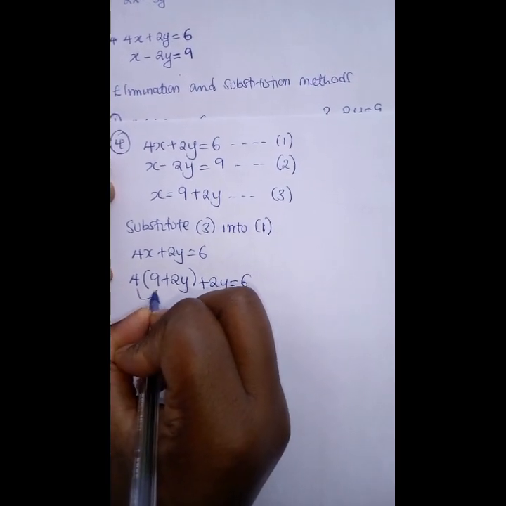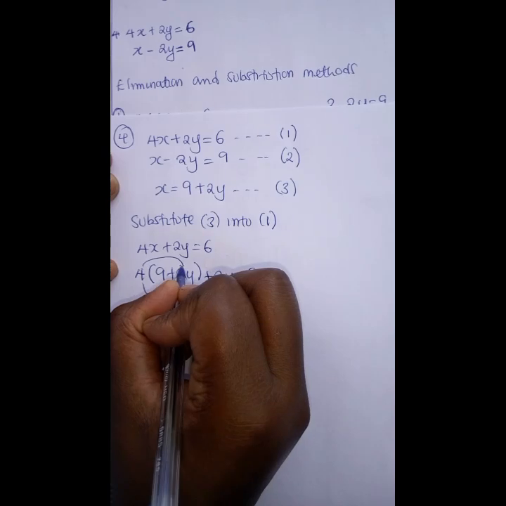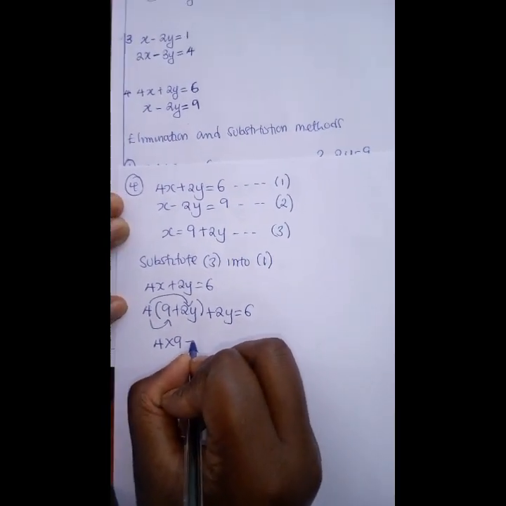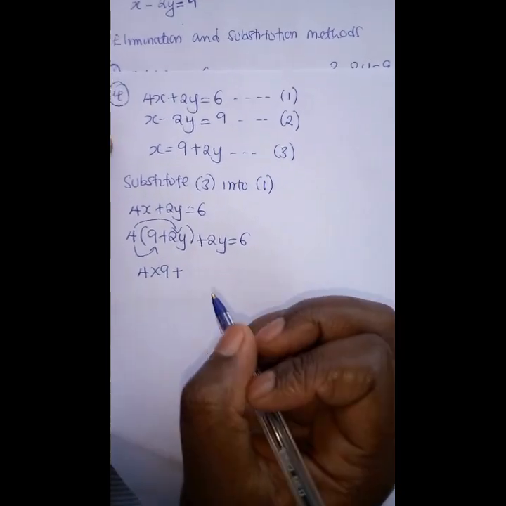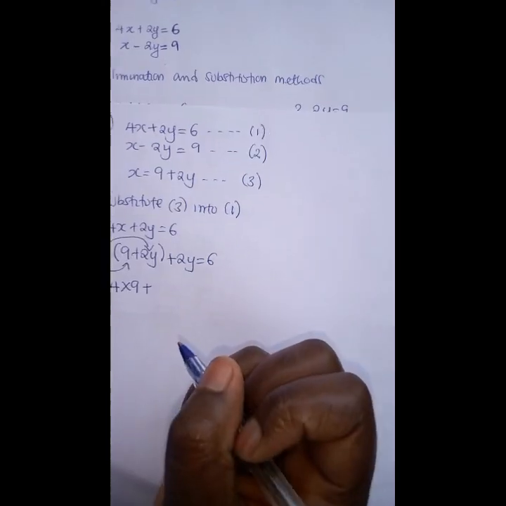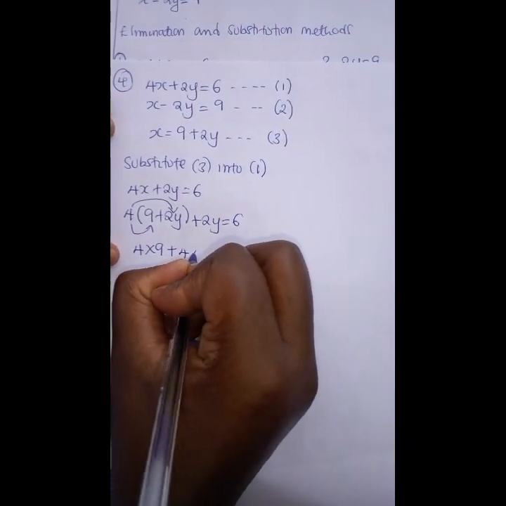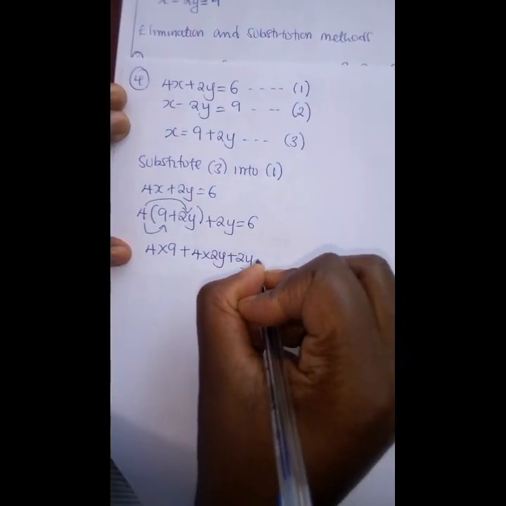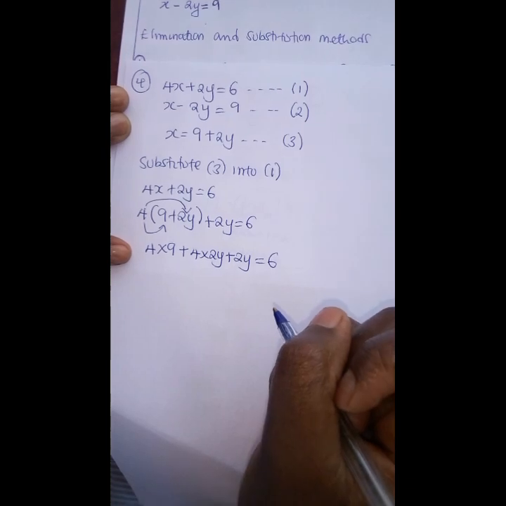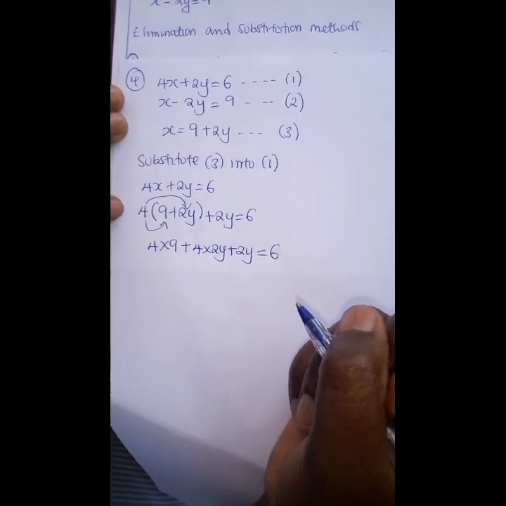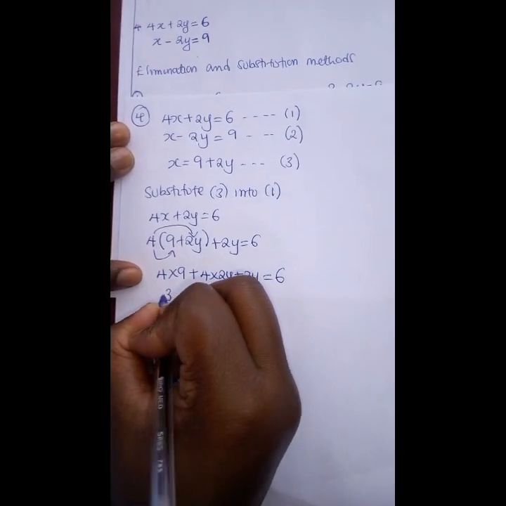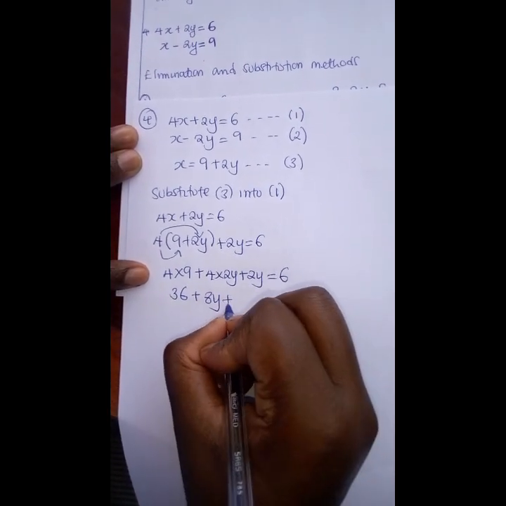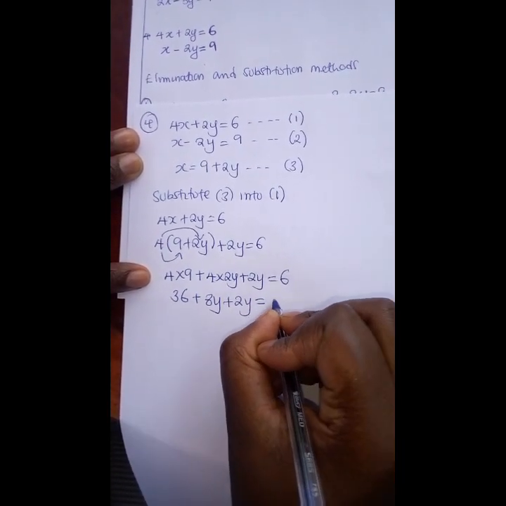The number outside is multiplied by the first number, and the same number is multiplied by the last number. 4 by 9 plus 4 multiplied by 2y, plus 2y again, is equal to 6. What is 4 by 9? That will give us 36, plus 4 by 2y, 8y, plus 2y is equal to 6.